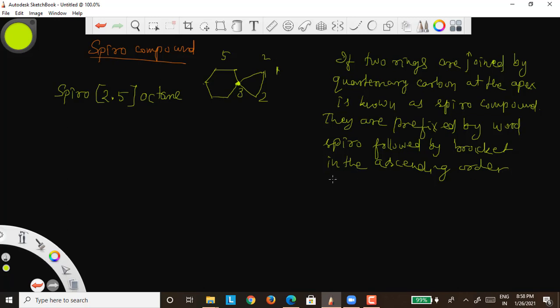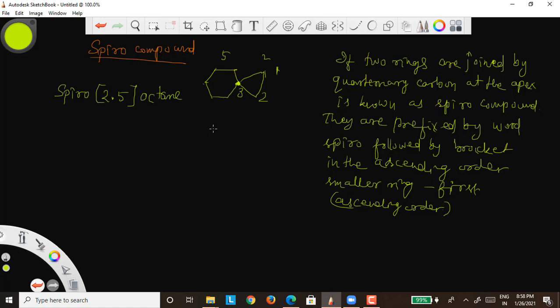And the numbering is given to the smaller ring first. You have to give the smaller ring first. This should be in ascending order. The smaller ring should be numbered first, and the smaller ring starts from here. The 1 is not given to that quaternary carbon.